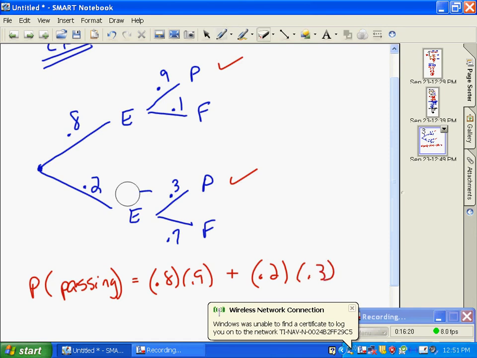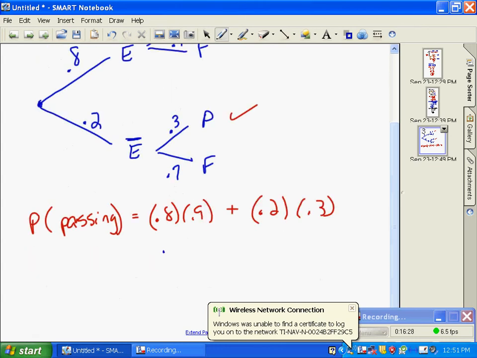And this little bar looks kind of funny. That means ineligible, or not eligible. So 8 times 9 is 72. Move the decimal 2 places, so I get 0.72. 2 times 3 is 6. Be very careful on this one. A lot of people would just put 0.6, but remember you have to have 2 places to the right of the decimal, so it's 0.06, to get a final answer of 0.78.